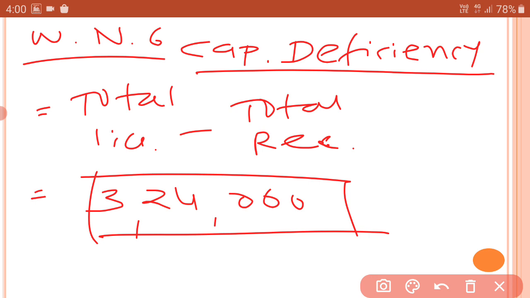3,24,000, it's your capital deficiency. Total receipts 5,20,000.